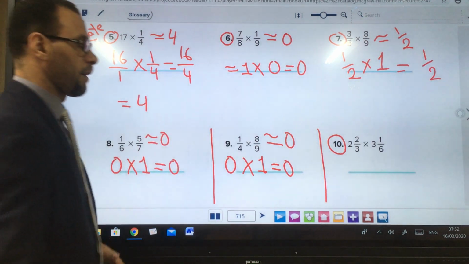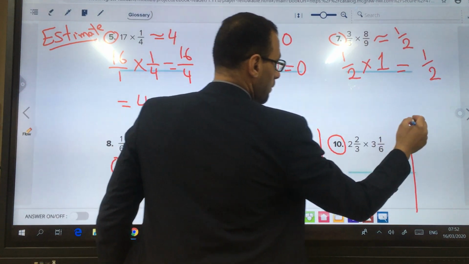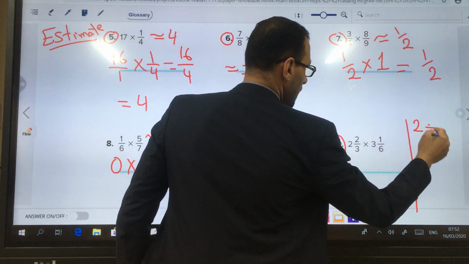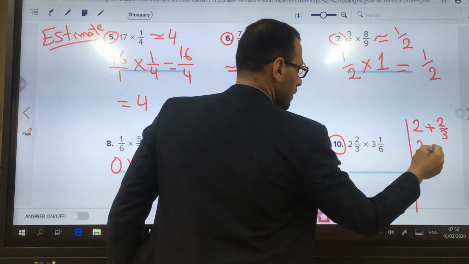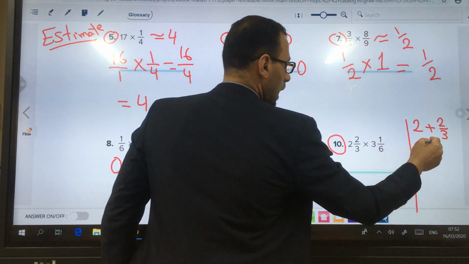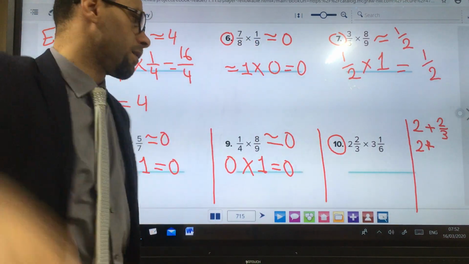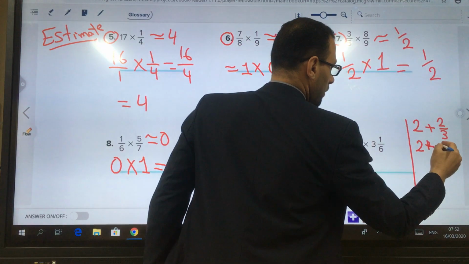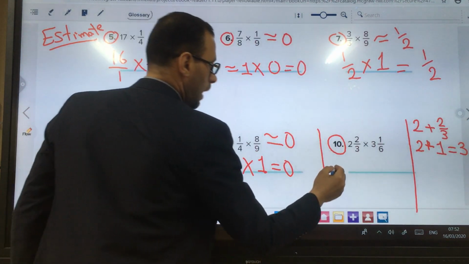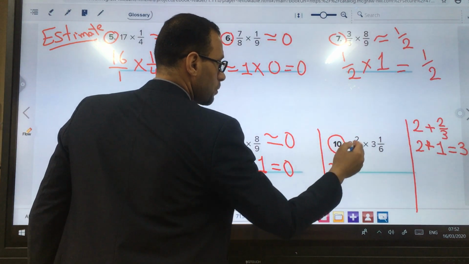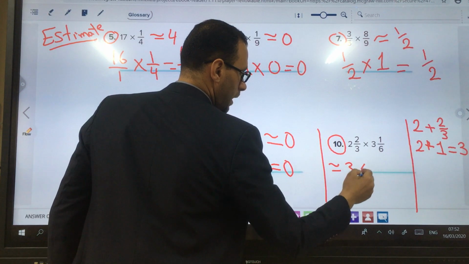Yes, a whole and a fraction. The whole is 2, and 2 out of 3 means 2 plus 2 out of 3. 2 out of 3 is closer to 1. 2 plus 1 equals 3. So 2 and 2/3 is about 3.